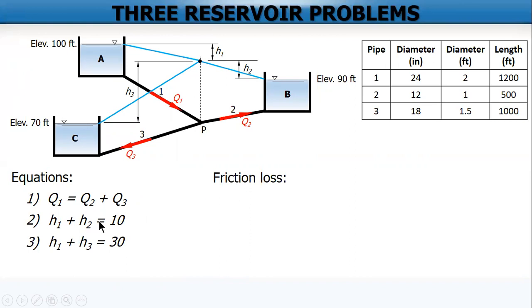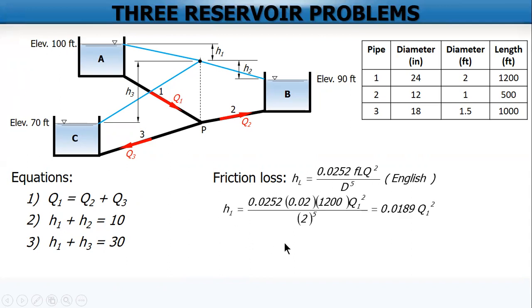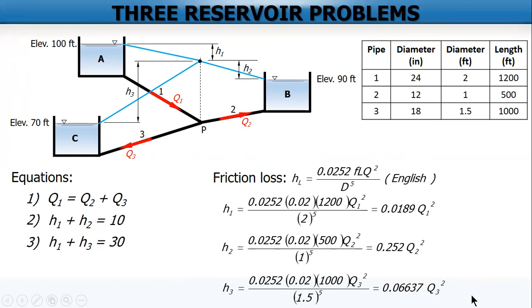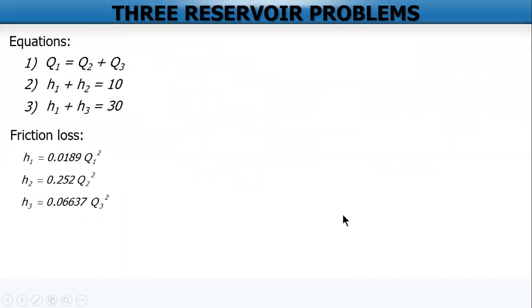So let's get the expressions of H1, H2, and H3. This is the expression of H for Q1, H2, and H3. So solution 1 is the longer solution. Let's combine equations 2 and 3.